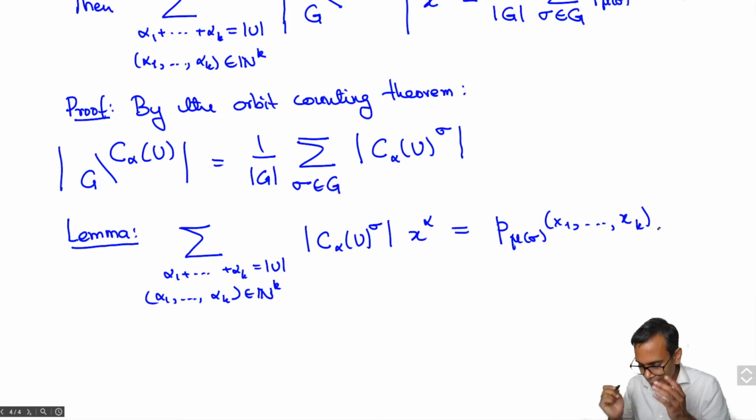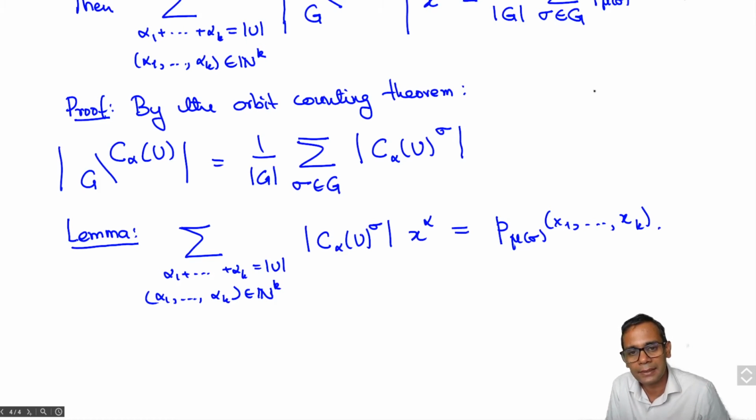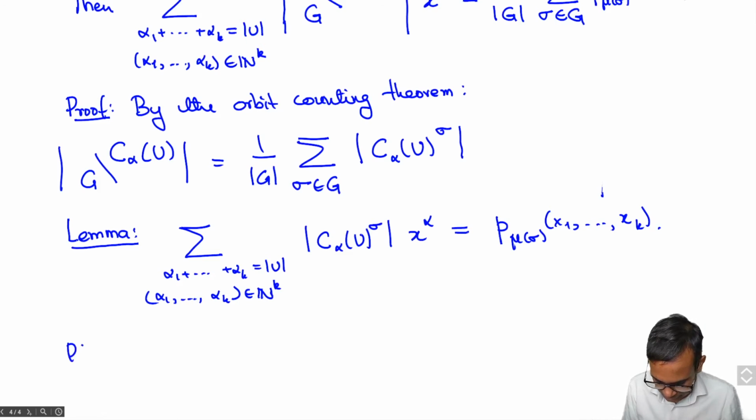Okay, the idea behind this lemma is that if you have to have a coloring that is sigma invariant, then all the elements in a given cycle of sigma better have the same color. In fact, if all the elements in any cycle of sigma have the same color, you can keep applying sigma, and since you'll be moving within the cycle, the coloring will actually be sigma invariant. So the point is that, this is the proof of the lemma.